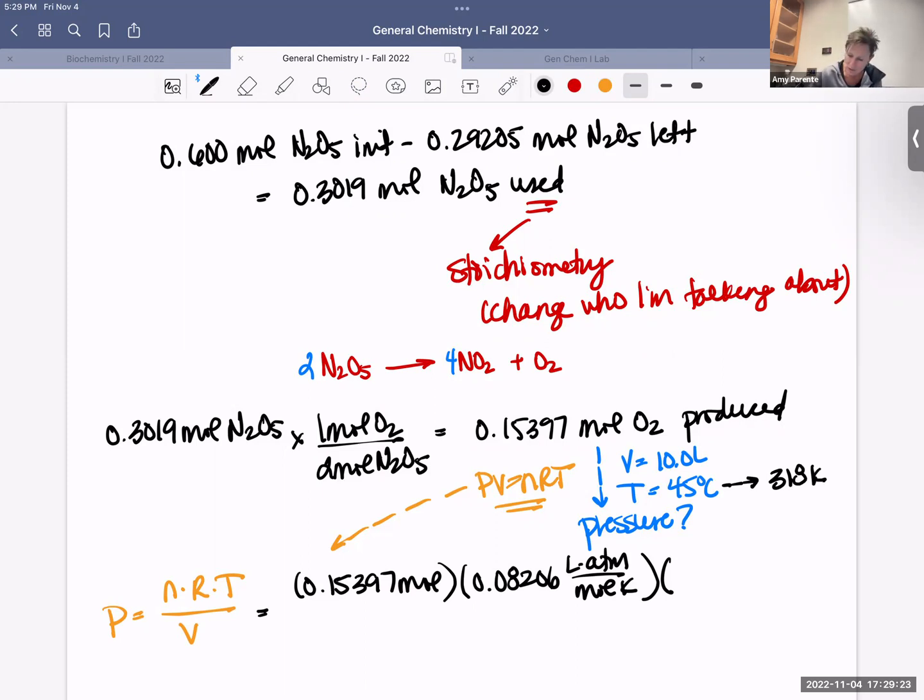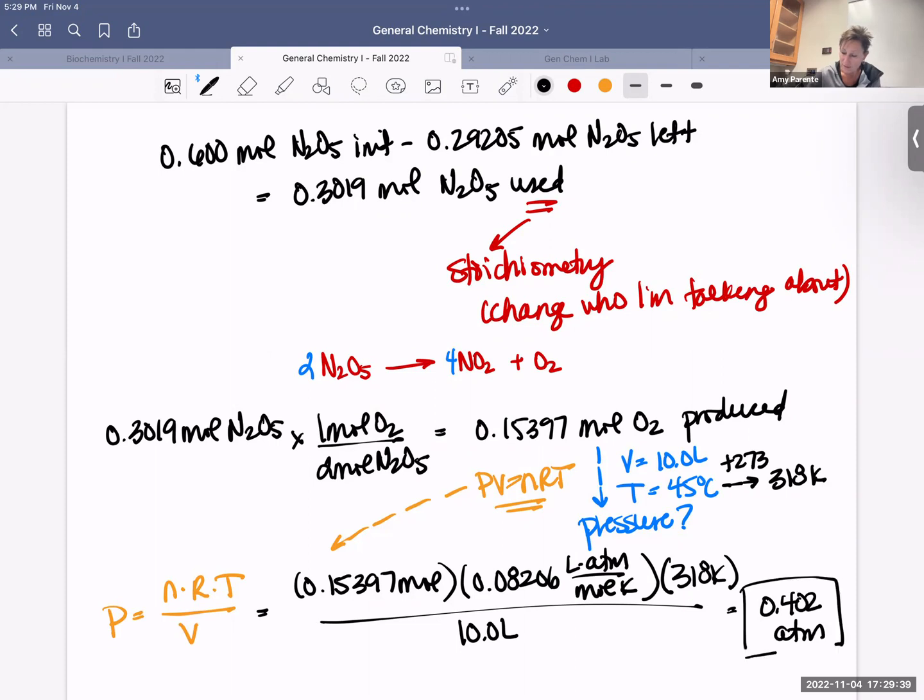Add 273. Yep. So that's going to be 318 Kelvin. And then I divide by the volume. This was all contained in a 10-liter flask. So it's 0.402 atmosphere. That is a problem. Okay.